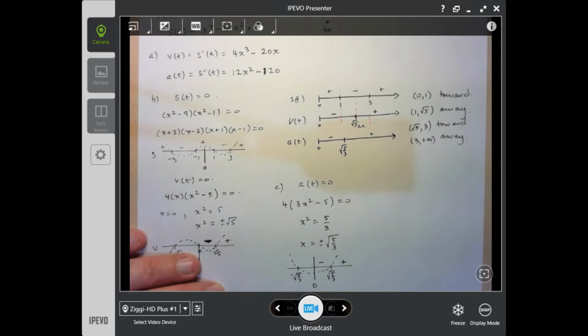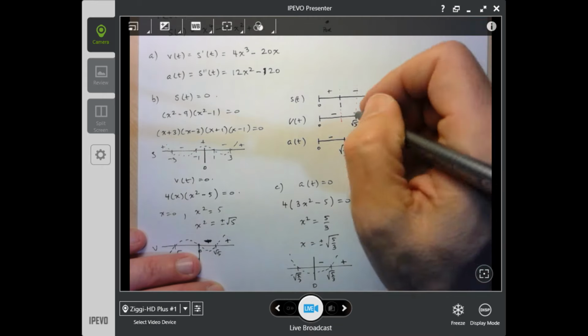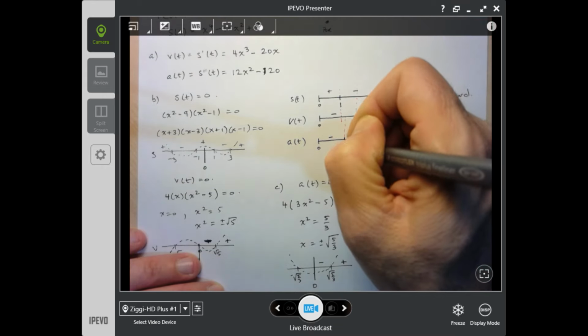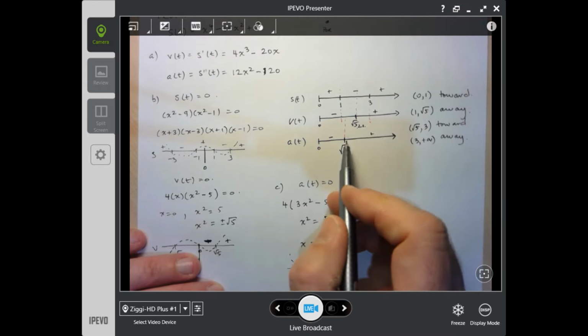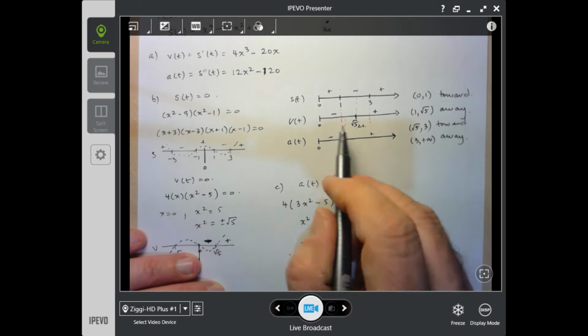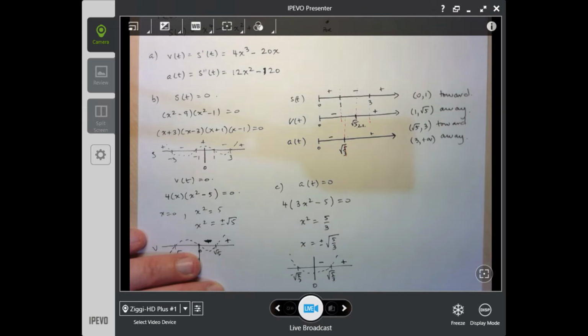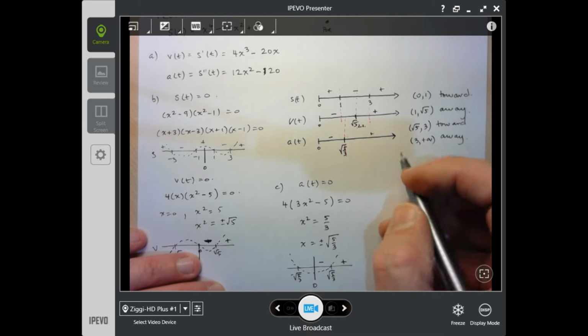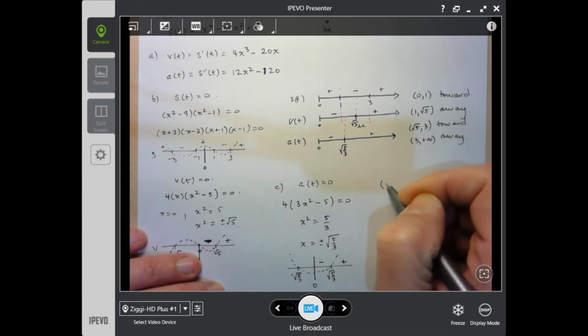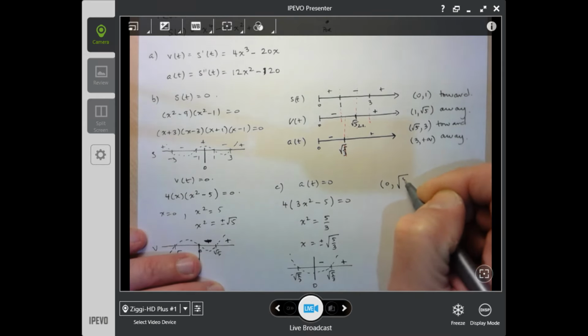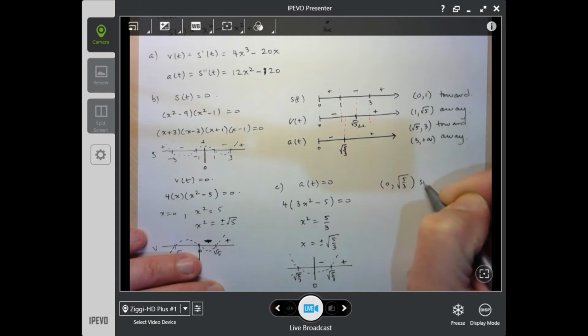Okay, so I'm going to do the same thing as before. I'm going to do from 0 to root 5 over 3. I see that they're both negative. Okay, so when the signs are the same, it's speeding up. Okay, so from 0 to root 5 over 3, it's speeding up.